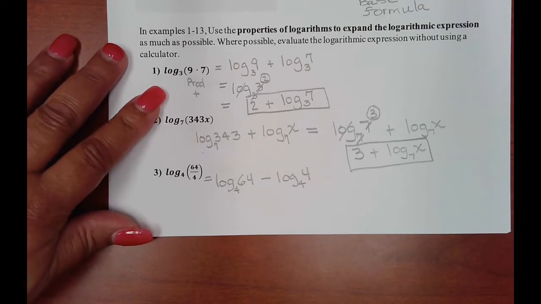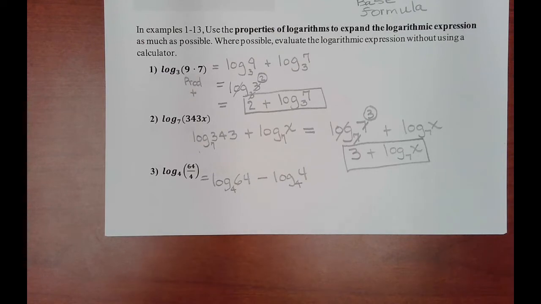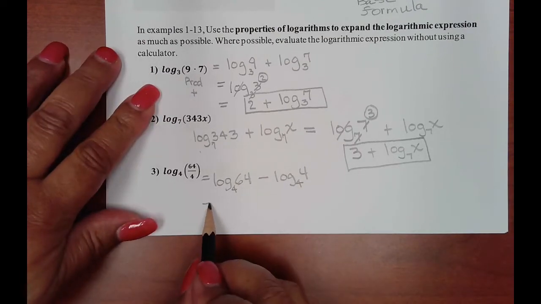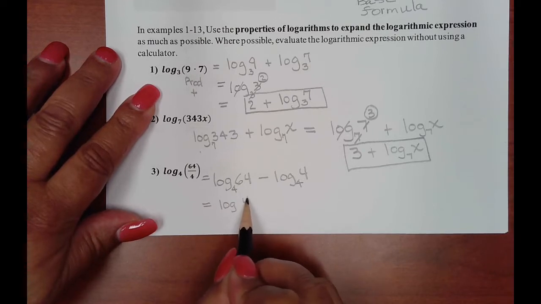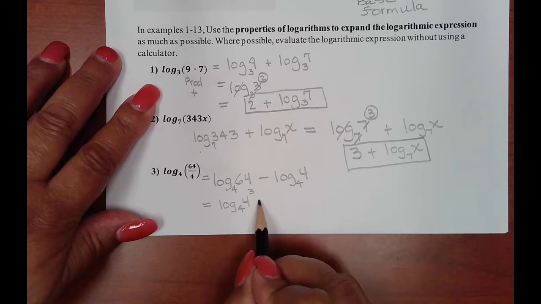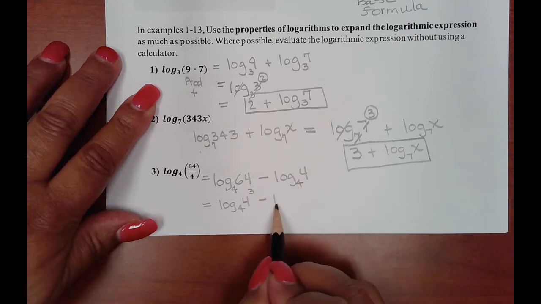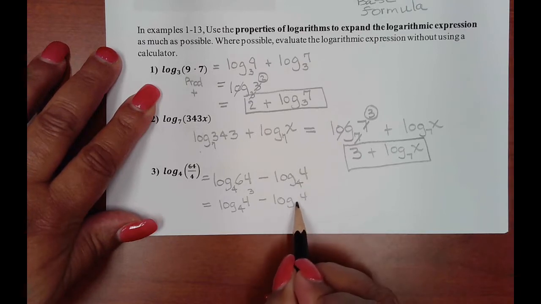Okay, you can simplify these further because you're going to be able to apply the inverse property. The 64 you're going to have to rewrite. That is the same thing as 4 to the 3rd. And this one you don't have to rewrite it because the argument already matches the base.